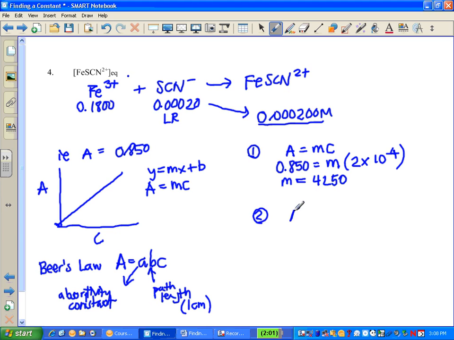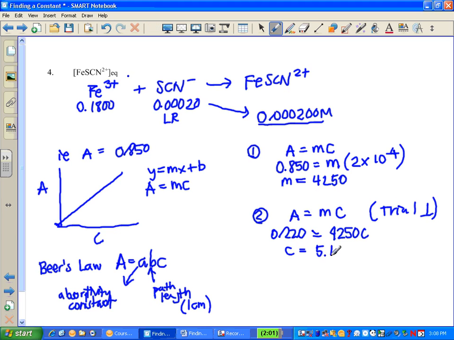So if I've got A is equal to m times C, for example, for trial 1, if my absorbance was 0.220, I can sub in and find the concentration to be 5.176 times 10 to the negative 4.